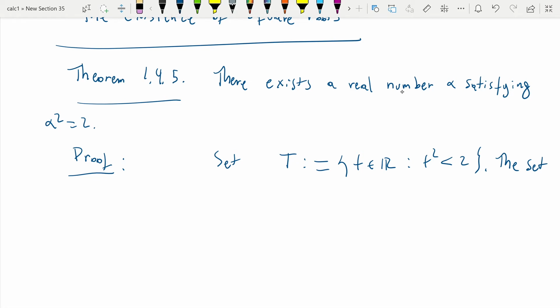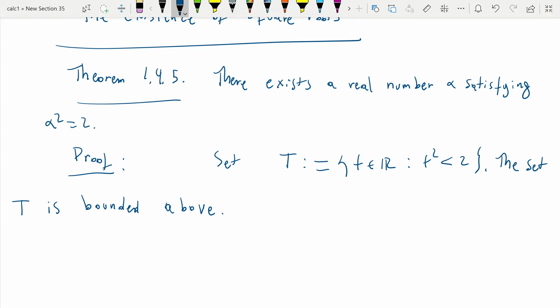T, what important property does it have? The set T is bounded above and below, but we don't actually need that. It's bounded above. We've already shown that. For instance, 2 is an upper bound for this set.